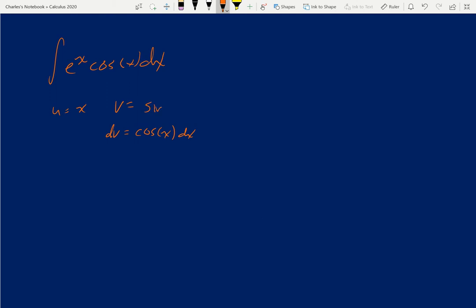Well, v is going to equal sine of x, and du is going to equal e to the x dx. So now I have uv, which is e to the x sine of x, minus the integral of v du, which is sine of x times e to the x. Okay, we're not that much closer yet.